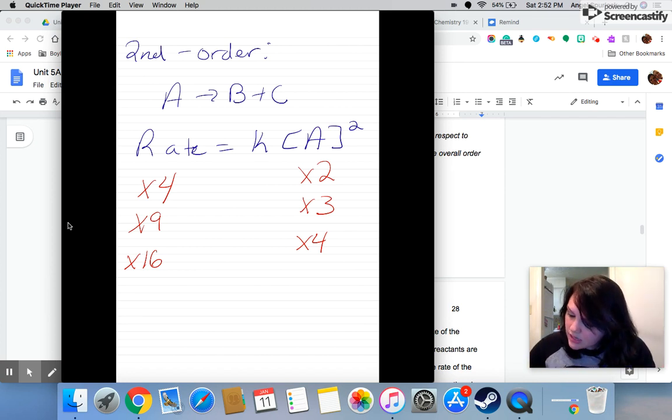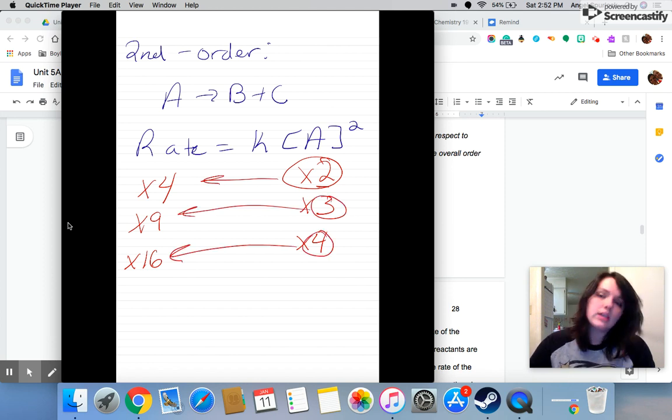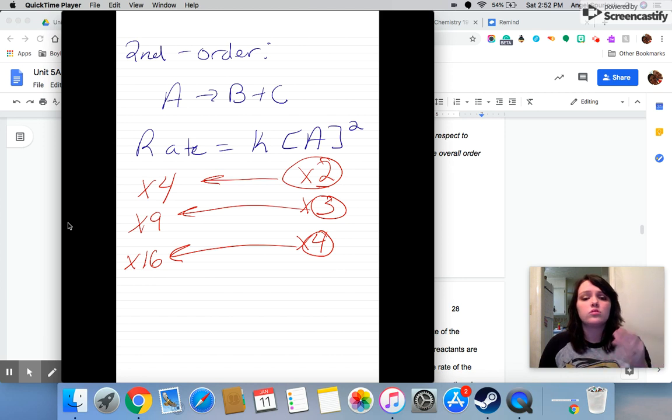But every time that we changed the concentration of this reaction, that factor was squared, and that's how our rate changed. And that's what second order means. A second order reactant is going to highly affect your rate, because however that reactant's concentration is changed, that value is squared, and that's how your rate changes.